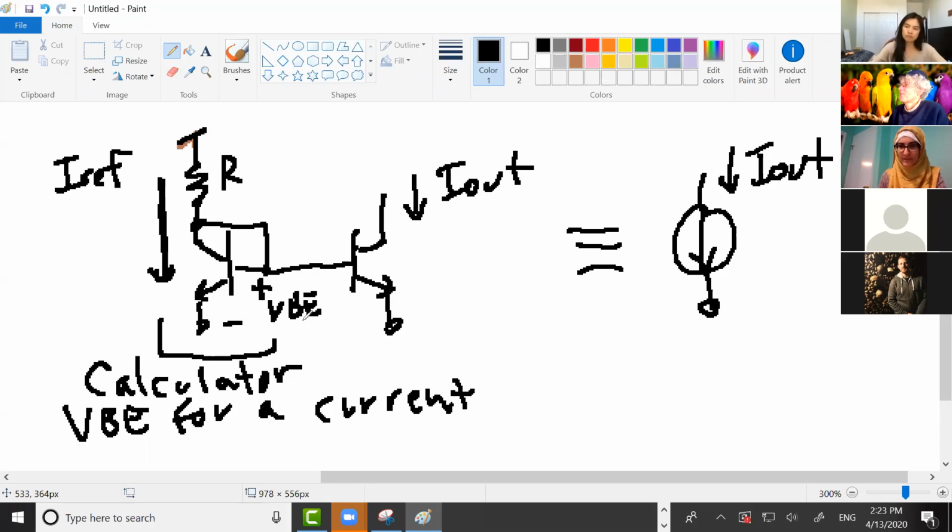The current will change exponentially. So this VBE right here is different than VBE on, but it's not very much different than VBE on. It's pretty close to VBE on. And for most calculations, you can just approximate that as VBE on.